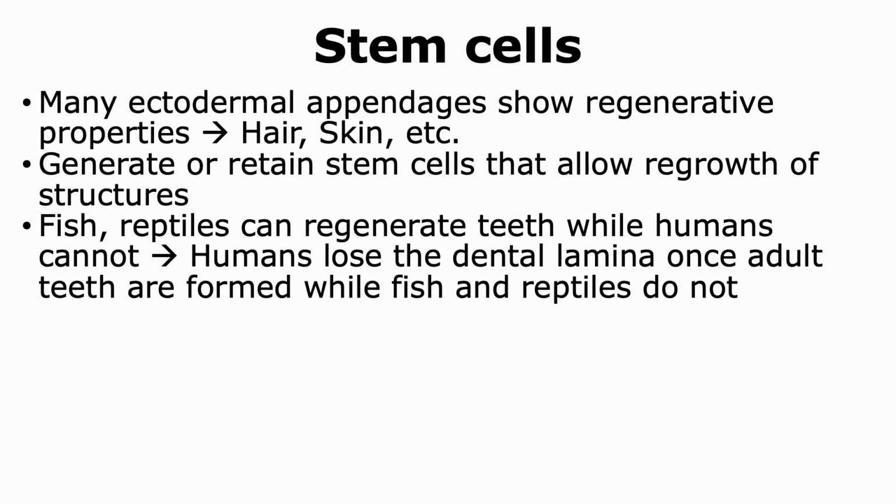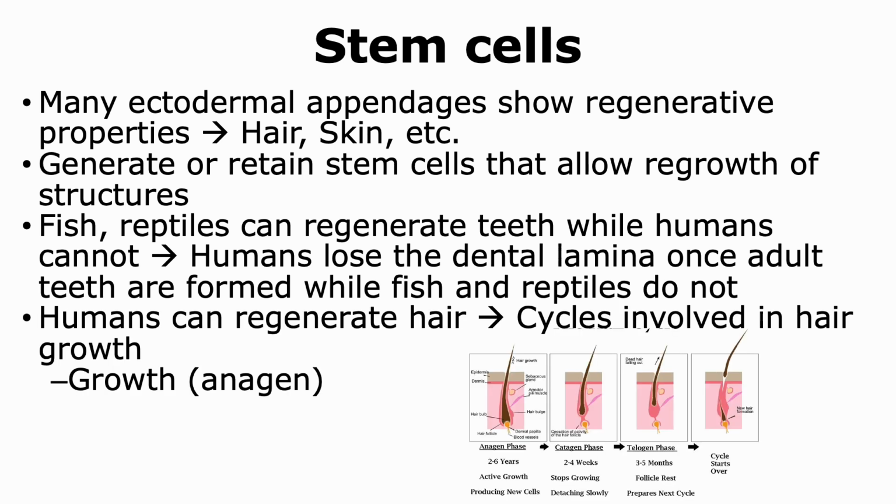The reason is that humans lose the dental lamina, which has the stem cells that would allow for the regeneration of teeth. In the case of fish and reptiles, that dental lamina still exists, and hence the stem cells are there that can regenerate the teeth.